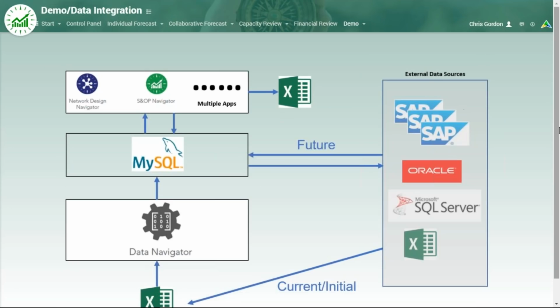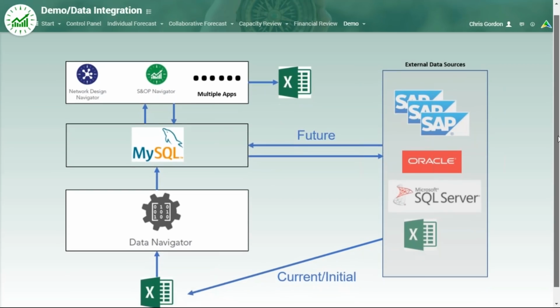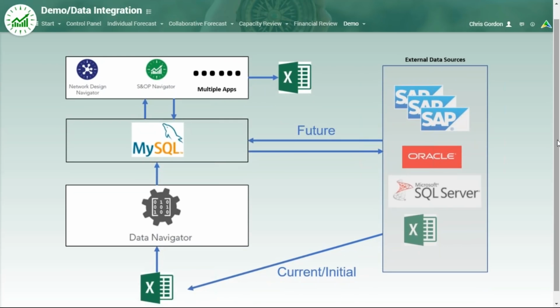Well, it doesn't, but it does help. Almost everybody starts by bringing data into SC Navigator through Microsoft Excel. It's readily available. It's not the most robust, but it allows you to get started on day one and get some outputs within that first week.